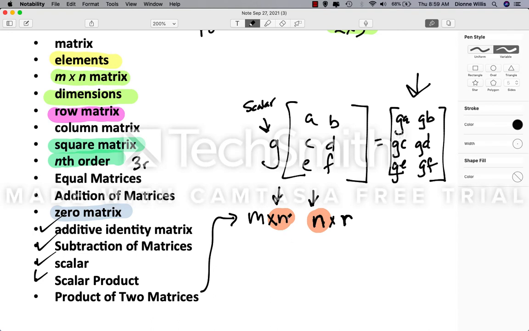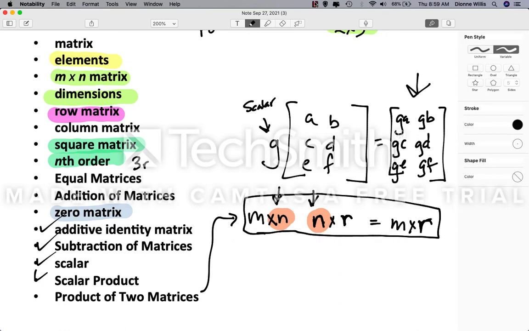So an M by N matrix multiplied by an N by R matrix in terms of size will result in an M by R matrix. And I'm going to save this visual for the example so we don't spend a whole lot of time. But this is going to be very necessary when we are multiplying our matrices. Let's go check out some examples.